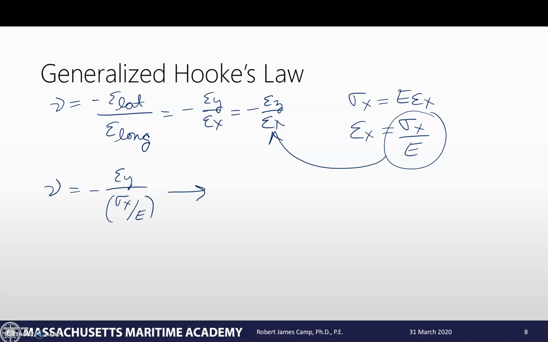And then I can rewrite this to say the strain in the y, which is also the strain in the z, is going to be equal to negative Poisson's ratio times the stress in the x direction, divided by the modulus of elasticity. So we can set up strain as just a function of the normal stress.